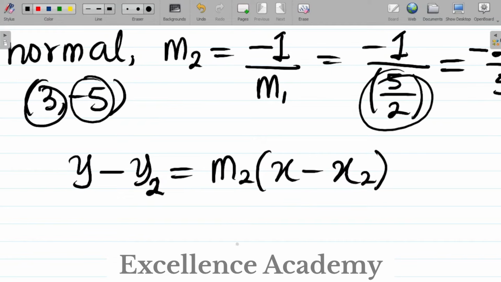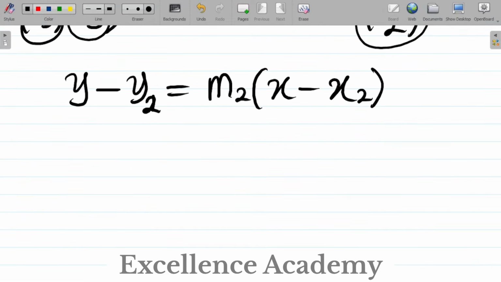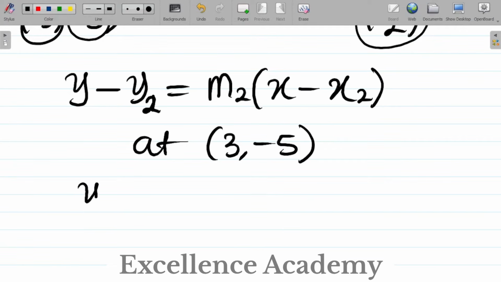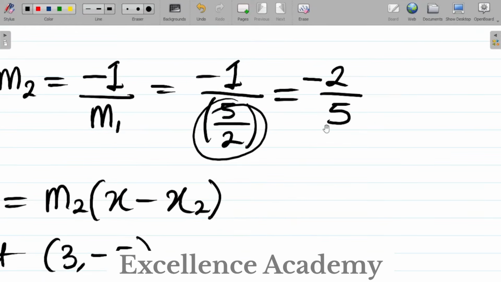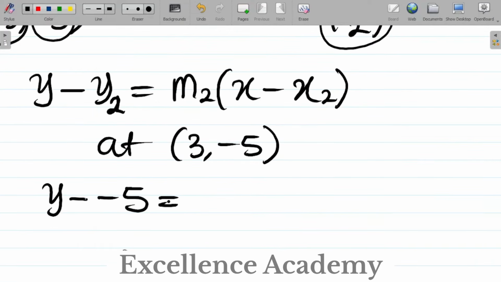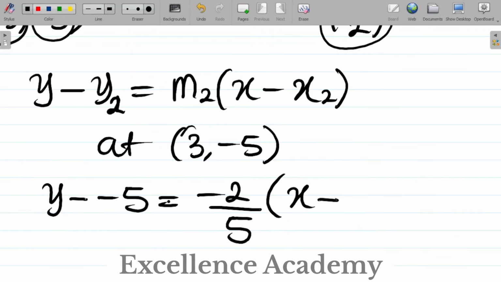So y minus y2, which is minus 5, is equal to m2, which is minus 2 over 5, into x minus x2, which is 3.